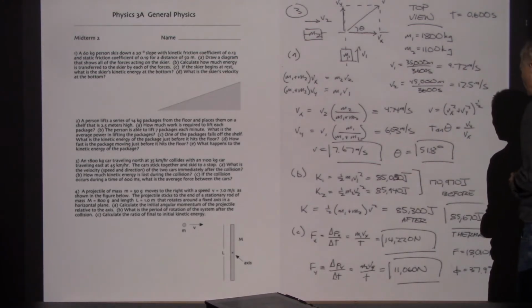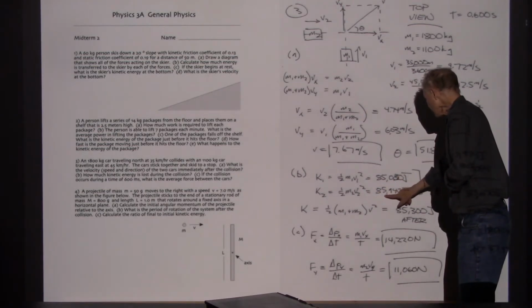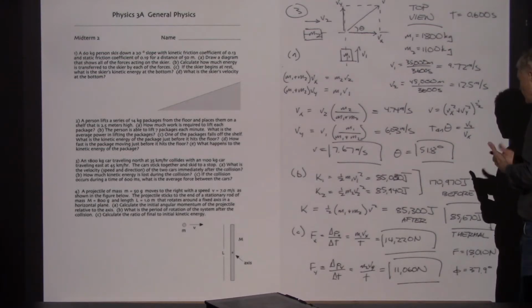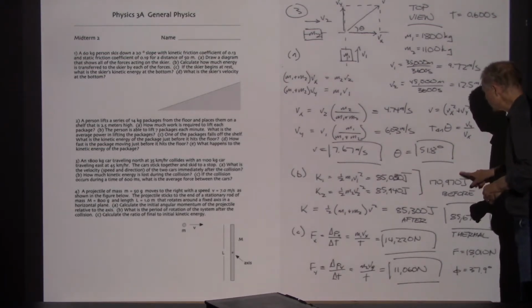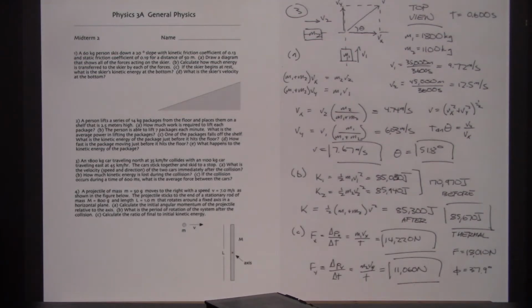I had rounded earlier, I put the 30 back in. And then for car 2, 85,940 joules. Those two kinetic energies combined say that the two cars together coming into the collision brought with them 171,000 joules. So that's the energy that we start with.